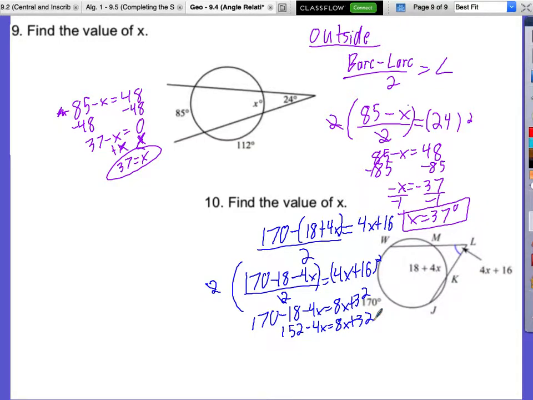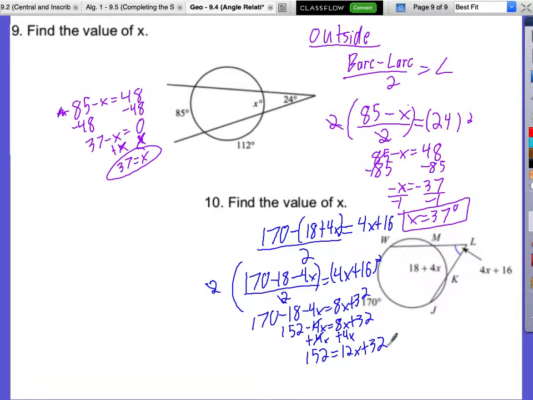So I added the whole 18 and 4x thing to the other side, so it would be separated. Oh, okay, that's fine. She moved around terms before combining, which is okay. There's a lot of ways to do it. So now we can add the 4x. 152 is equal to 12x plus 32.